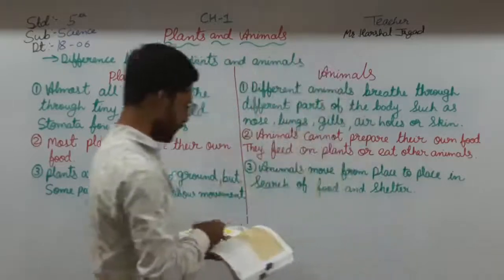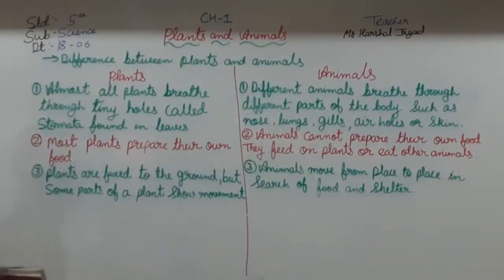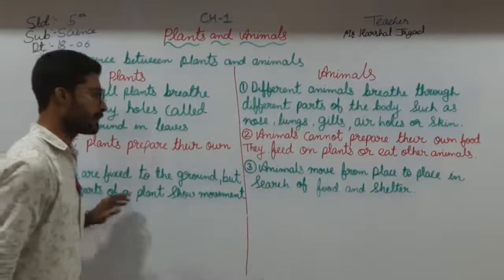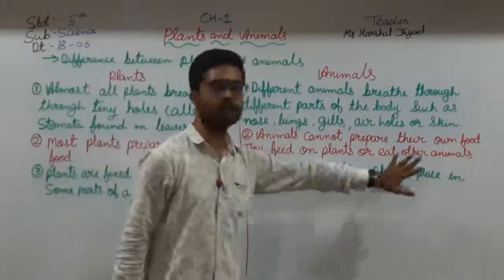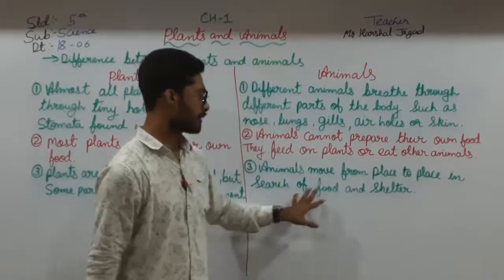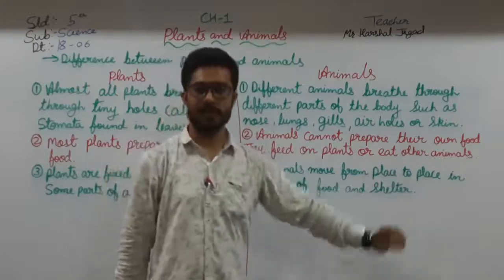Okay. So here plants cannot move from one place to another place, but animals move from place to place. For what? In search of food and shelter.